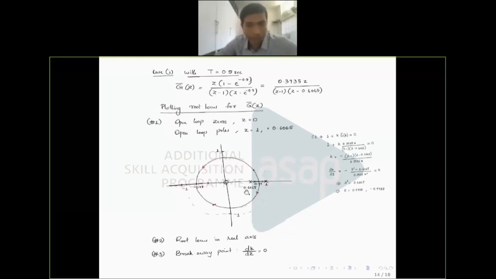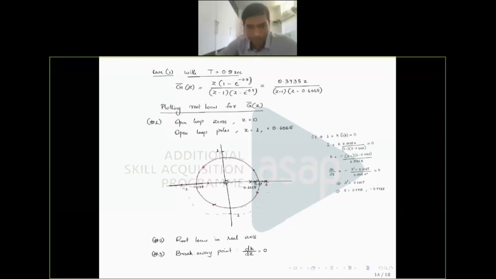Now, in order to plot the root locus, you plot the open loop zeros and open loop poles. The open loop zero is at the origin. The open loop poles are at z equal to 1 and z equal to 0.6065. So root locus starts at open loop poles. Now, in order to find the root locus points on the real axis, you find the number of open loop poles and zeros on the real axis.